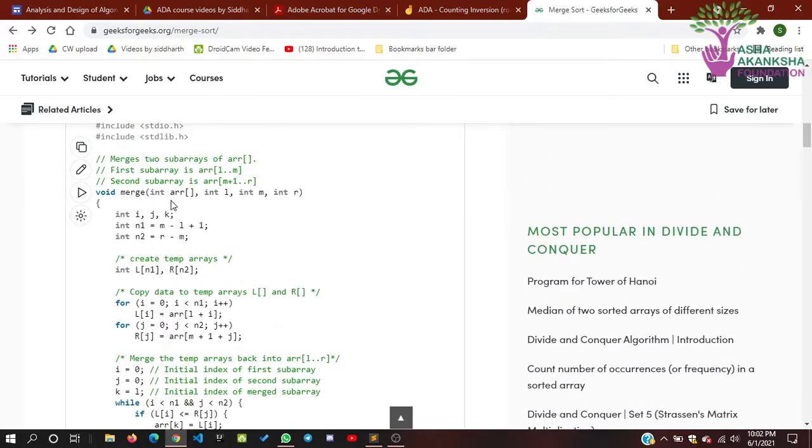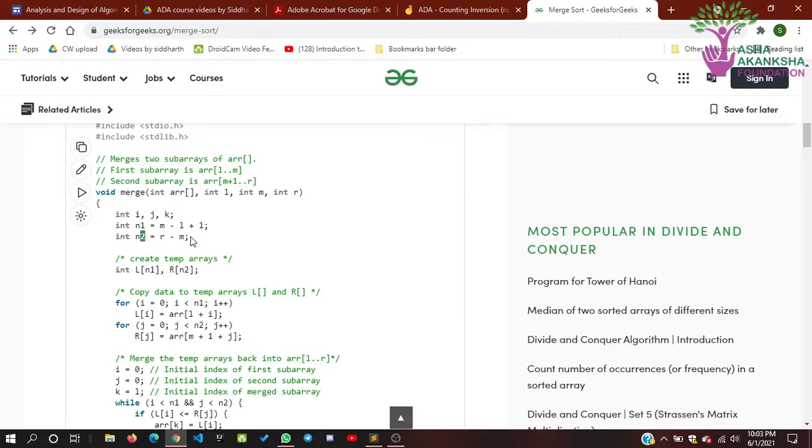Now this is the merge function. These are the three things that we got. We create temporary indexes i, j, k. We create n1, which is m minus l plus 1. This is the upper limit of the left half of the array, and n2 is r minus m.